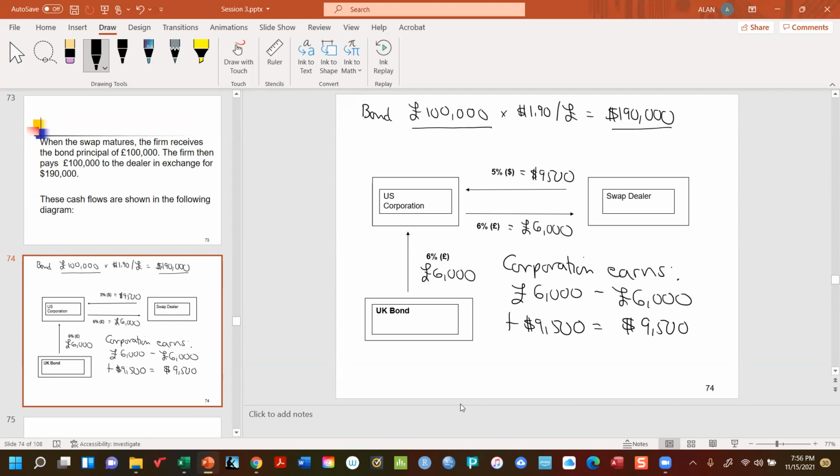And since 9,500 is 5% of 190,000, this means that the US corporation earns a 5% return in dollars instead of 6% in pounds.